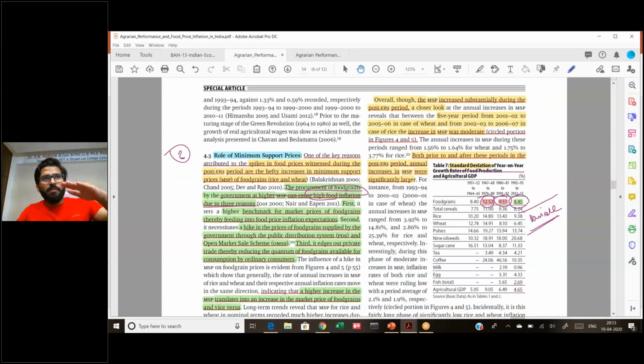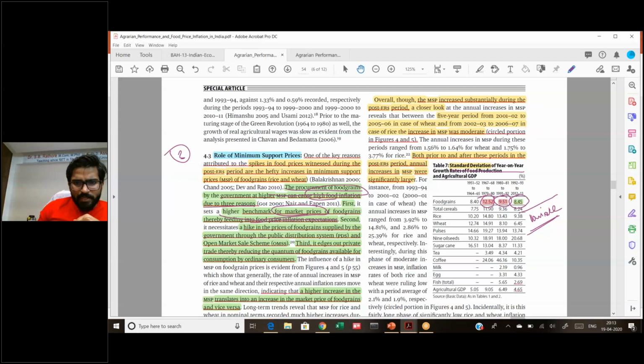That means this will be the lowermost price, but the market price can be at least the floor price, which is the MSP, or can be even higher. So that is why higher MSP sets the ball rolling towards a higher inflation path due to the expectation that builds in, a higher benchmark for market prices feeding into food price expectations.